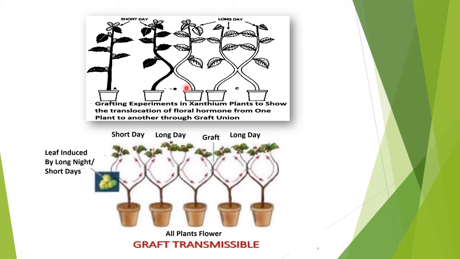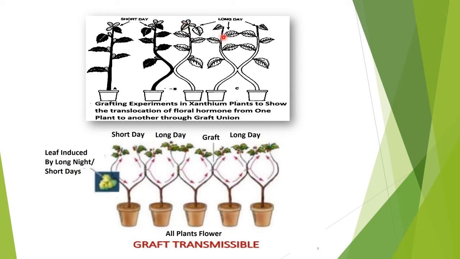To your surprise, you'll see this plant is basically a short day plant, but you are subjecting it to the long day. But here the stimulus is being generated, transmitted, and translocated to this, and as a result, this plant also produces the flowers.